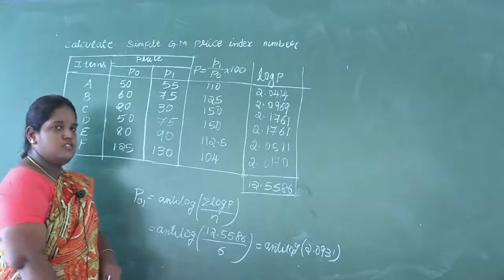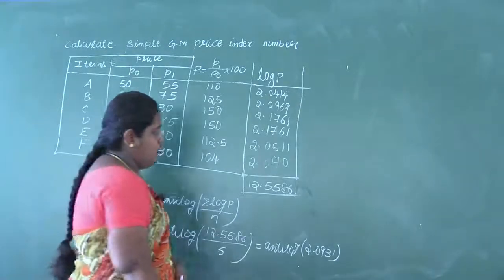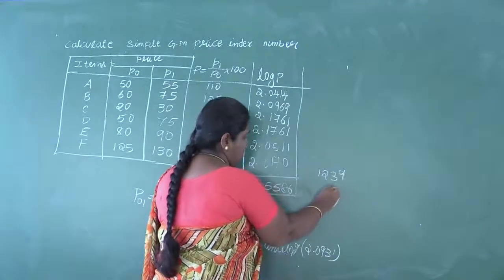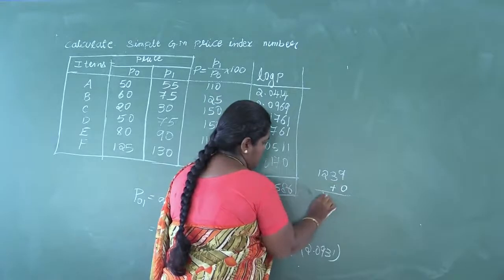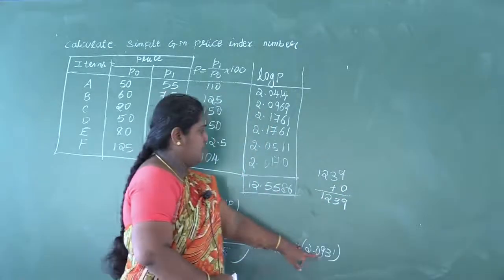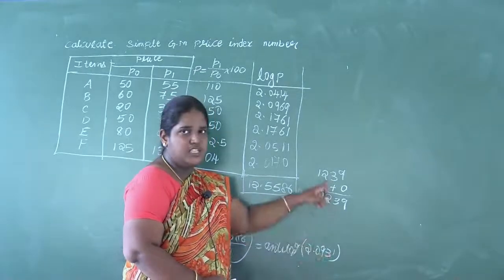So now see under the anti-logarithm tables, 0.09 under 3, mean difference 1. So 0.09 under 3 is 1239. Mean difference 1 is 0.